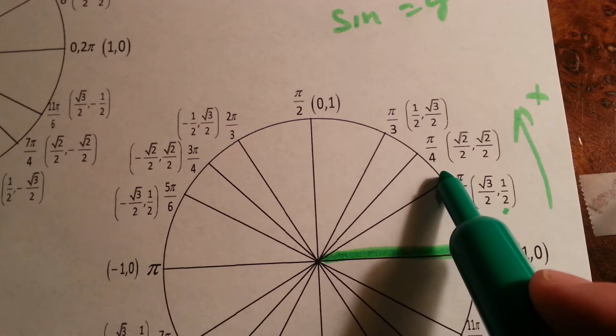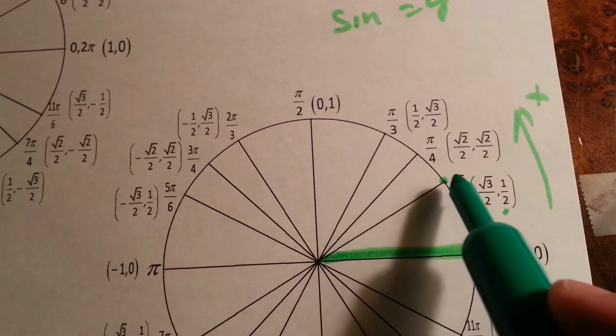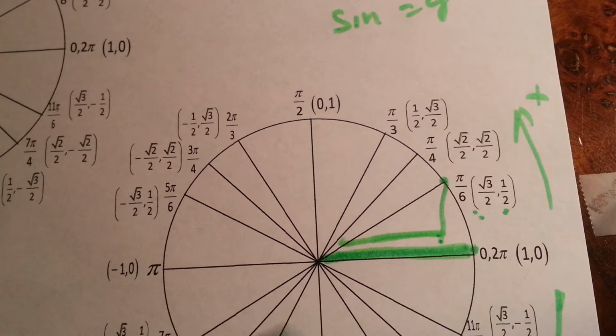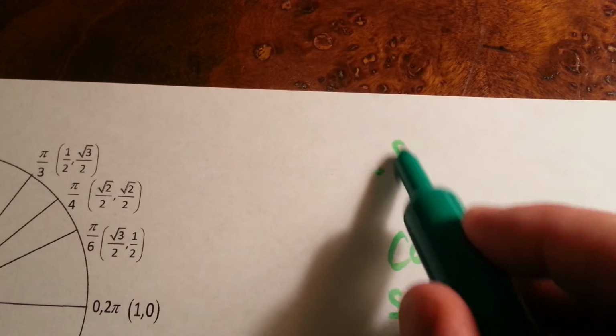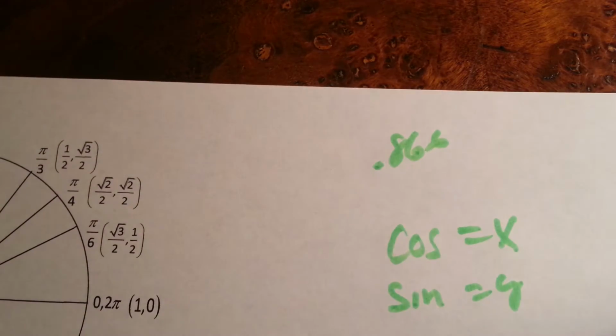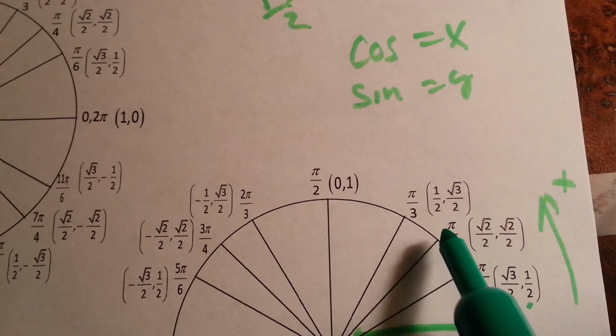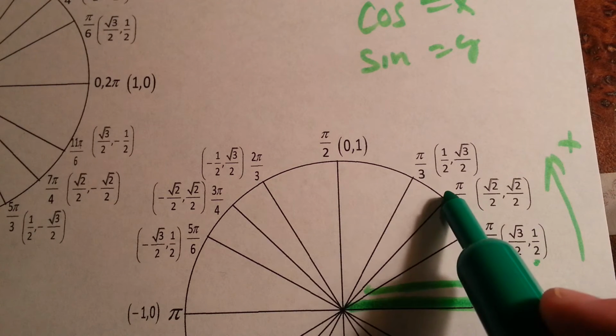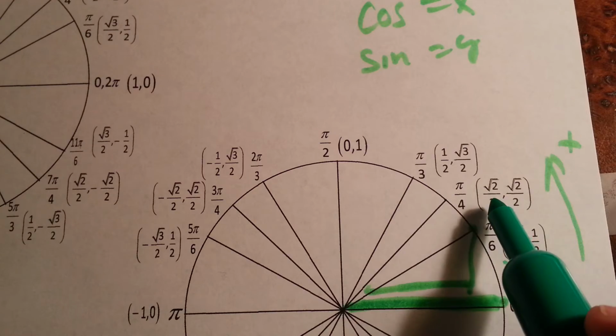And as we move up, the length of this is a little shorter. It's root 3 over 2. And remember, root 3 over 2 is about 0.866. And as we go up a little more, as we rotate around, this ends up being root 2 over 2, or 0.7.